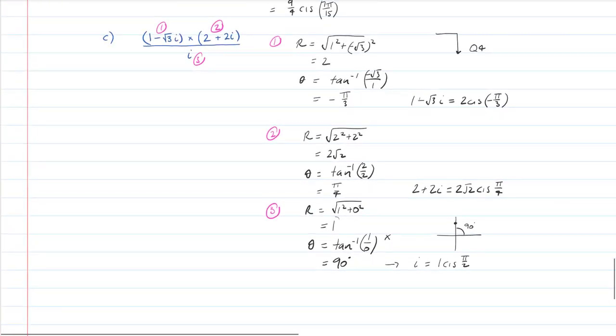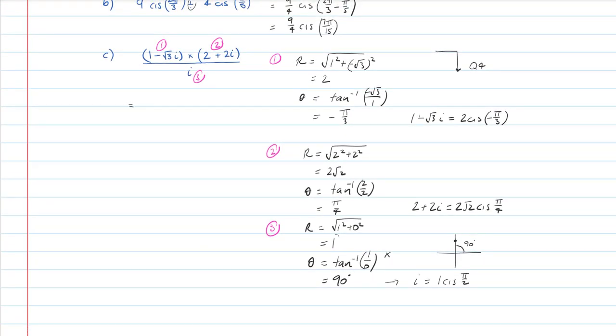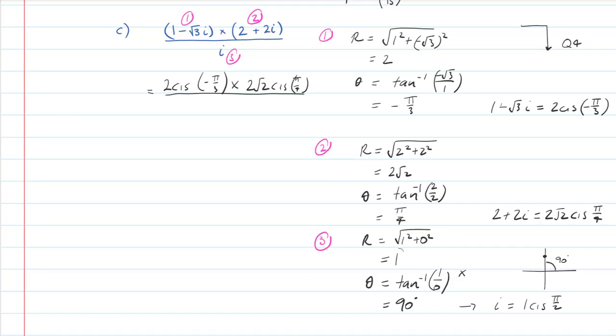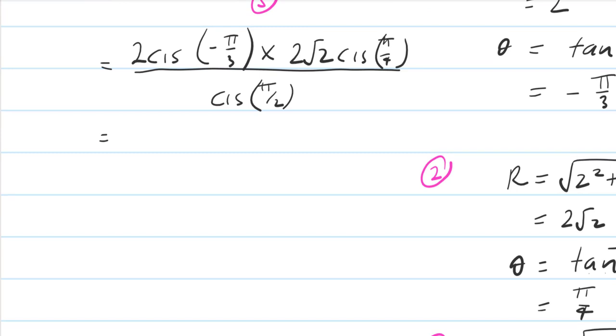So we bring those answers back into our fraction, and we get 2 cis negative pi on 3 times 2 root 2 cis pi on 4, and then in the denominator we have cis pi on 2. So we simplify this down to be 2 times 2 root 2 times cis, and I'm going to do my arguments all in one go.